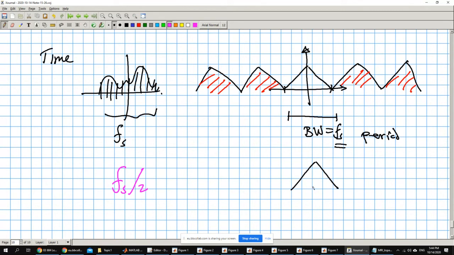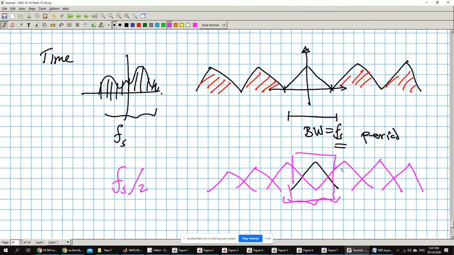They will start a little bit earlier, so it will start here, and this one will start like this here. So you will have overlap. If you look at the original bandwidth here, you will have an overlap from the period from the left and the period from the right.